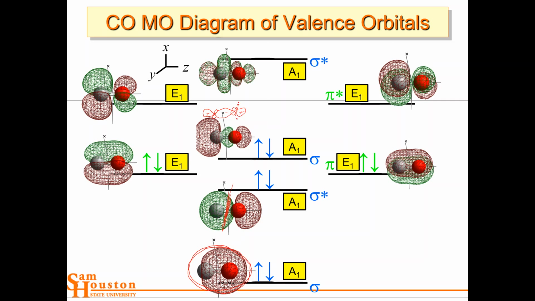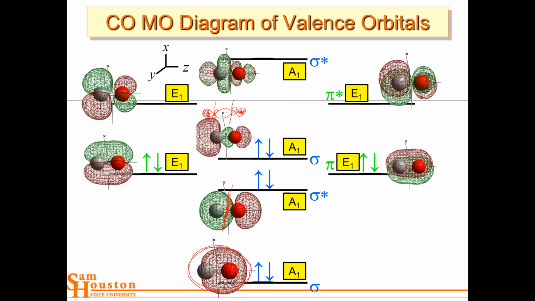That's kind of hard to draw with this tiny little pen, but that's an acceptable picture. It's a little messy, but if you wanted to shade it, you could shade this side and shade this side. The point is, I want to see a node on the oxygen and a node on the carbon and bonding in the middle. So that's a sigma bond with the pz orbitals.